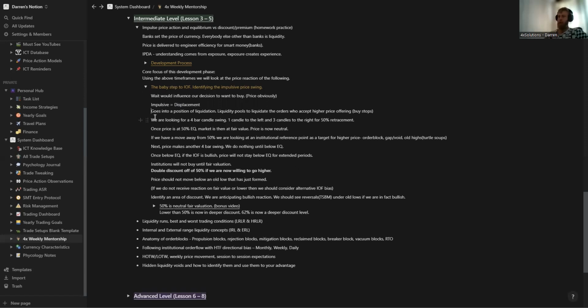Maybe price is bearish on a daily, bearish on a weekly, and we look on the monthly and we see, oh okay, price would likely head here because it's pretty obvious. So while we say that it goes into a position of liquidation over here, liquidity pools to liquidate the orders who accept higher price offering.